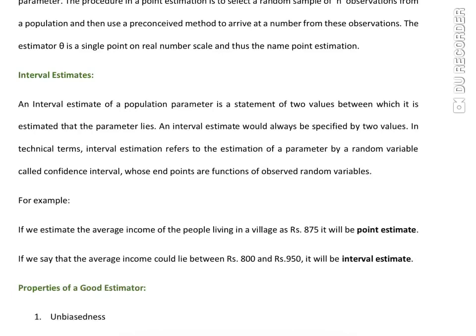We answer it in terms of a range from 0 to 2.25 or 0 to 5.6, something like that, in a given range. So that is an interval estimate. So there is an upper limit and a lower limit for the estimate, and the value could be anything between this upper limit and the lower limit.